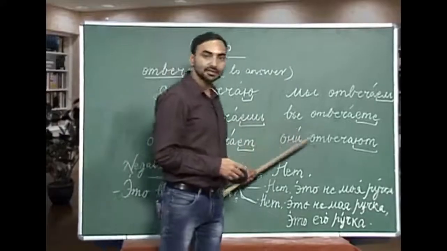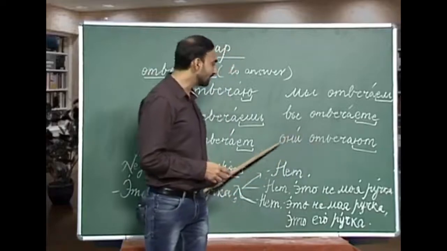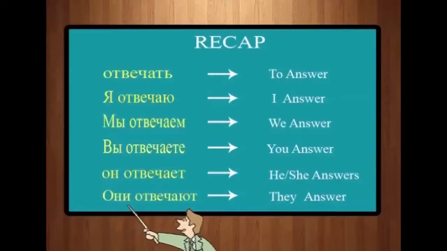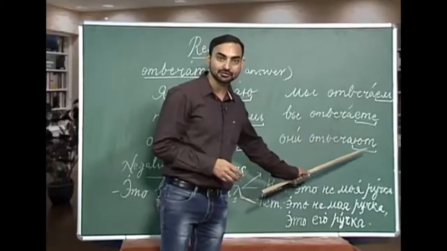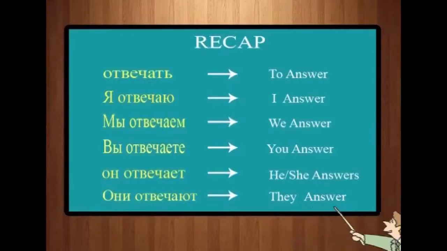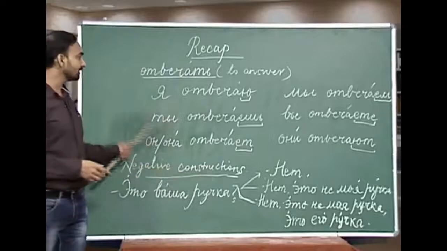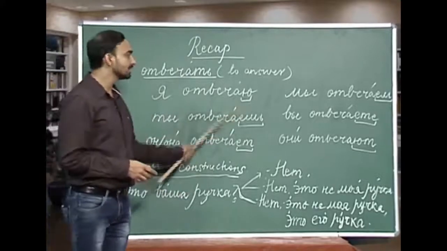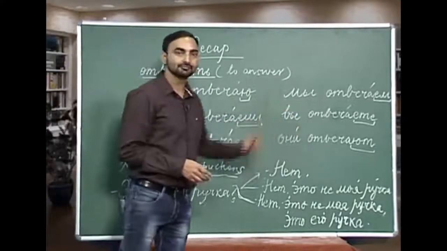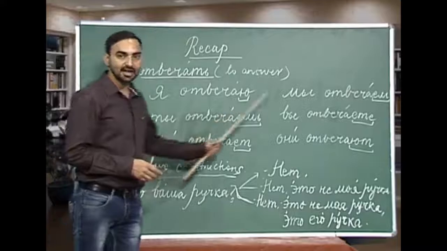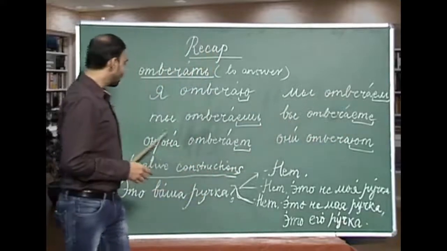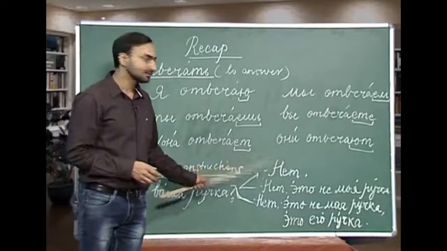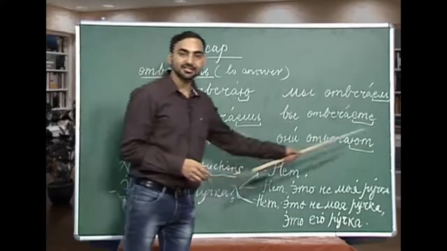And with third person plural number, они отвечают, they answer or they reply. Let's do it once again. Я отвечаю, мы отвечаем, ты отвечаешь, вы отвечаете, он, она отвечает, они отвечают.